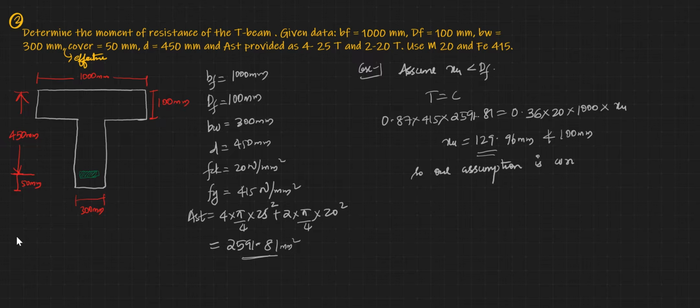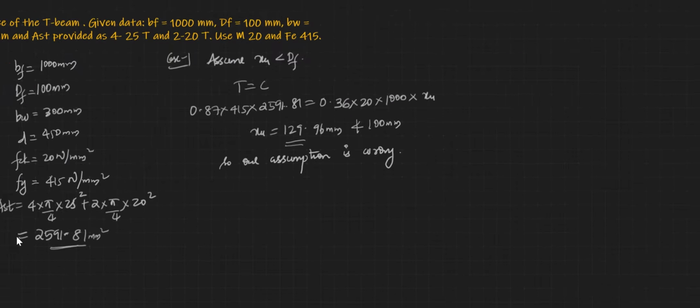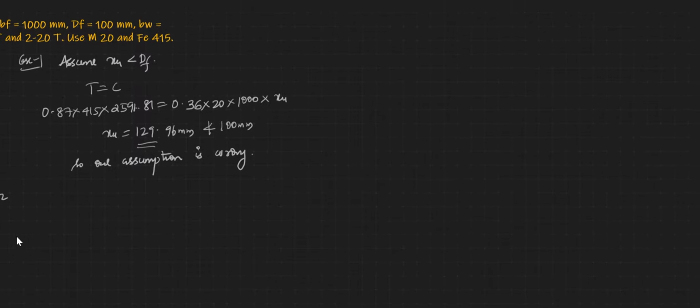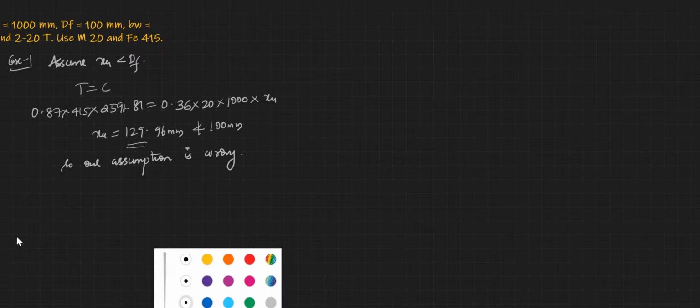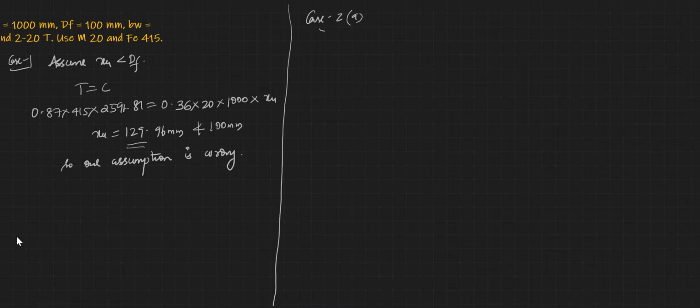So now we need to move to the next case, that is case 2A. We have case 2A, that is XU greater than DF and 3/7 XU greater than or equal to DF. In that case, equating total tension and compression, I have compression as C1 plus C2.